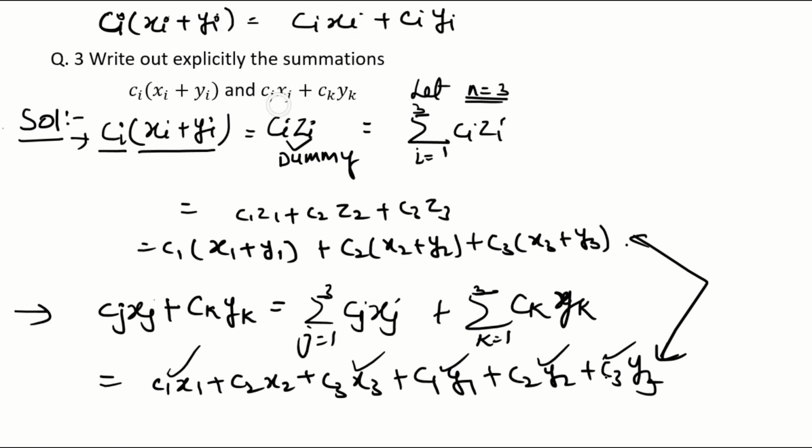Here what is written is cj xj, and here ci yi and here ck yk. As you know, a dummy index can be replaced with any other index. So for the first term they replaced i with j, and for the second term they replaced i with k. That's why both the terms are the same, because after expanding you will get this, and these both are the same. So let's move to the other question.